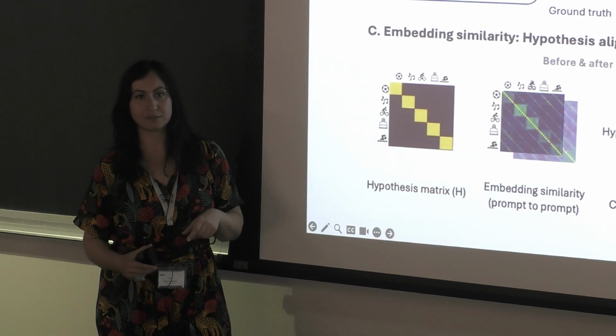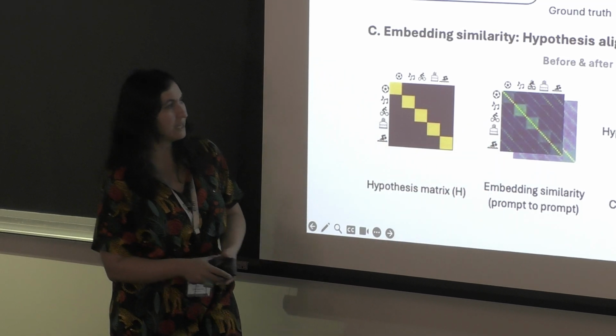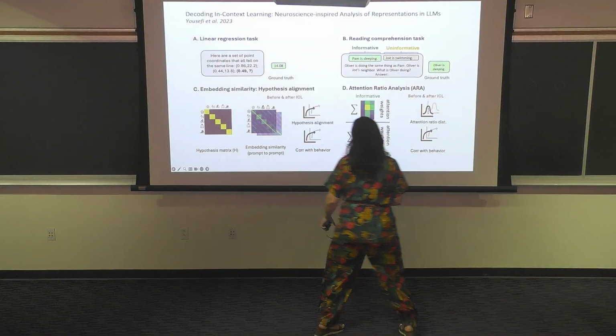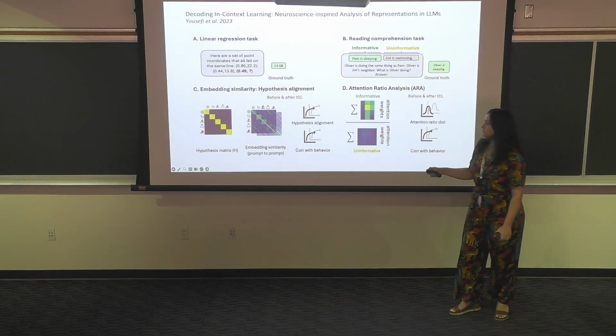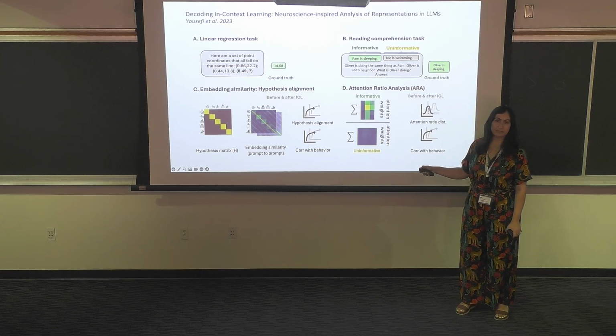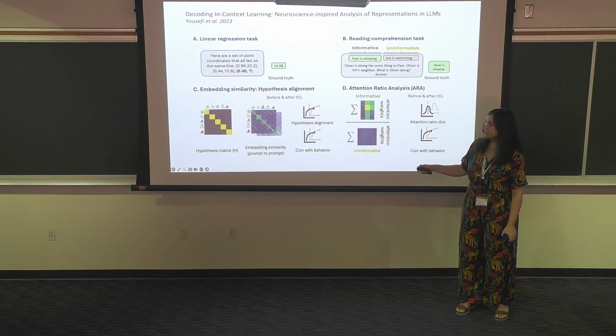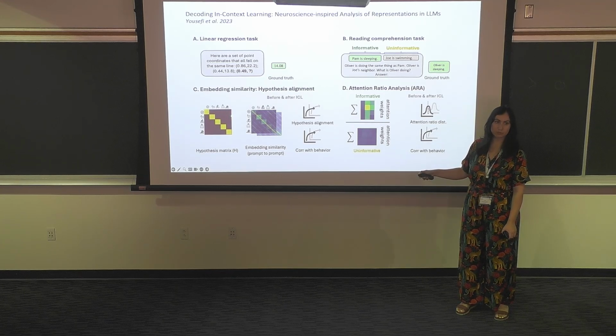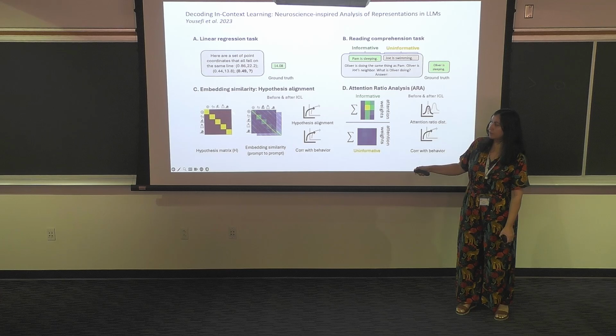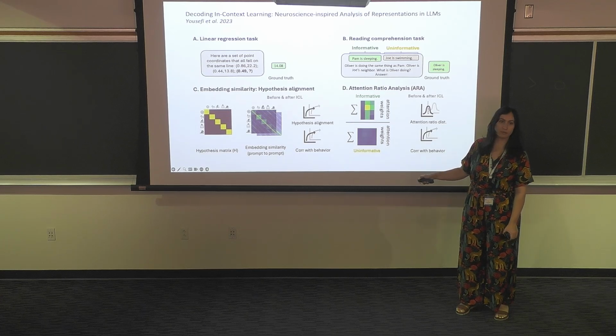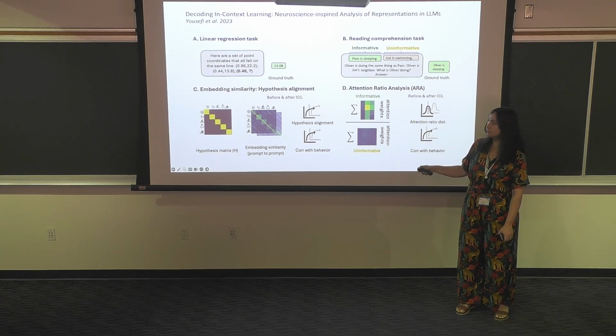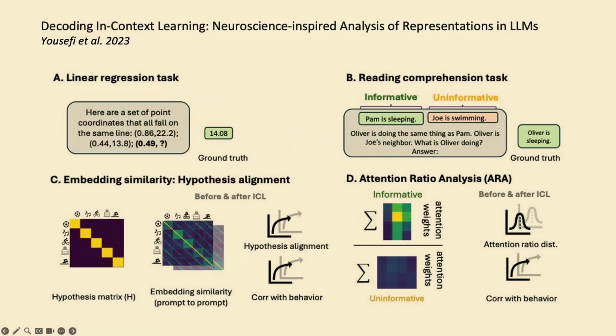And then you can have a hypothesis that before and after in-context learning, the alignment of this measured similarity of the embeddings for those prompts with this hypothesized matrix of what they should look like would increase after in-context learning. So there would be more alignment with what we expect it to look like.